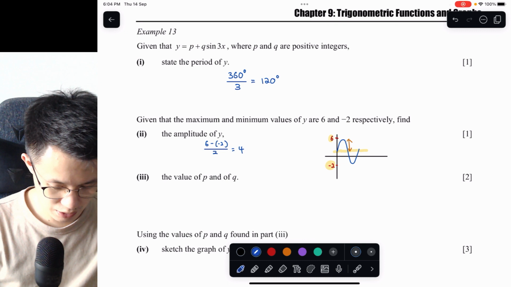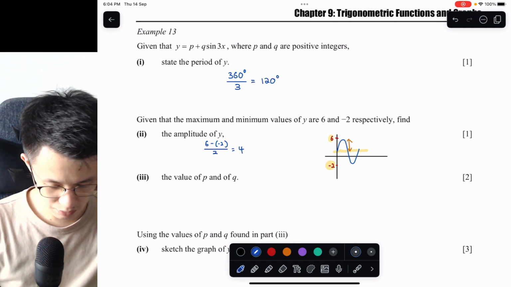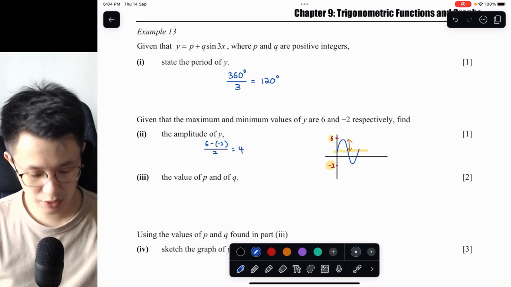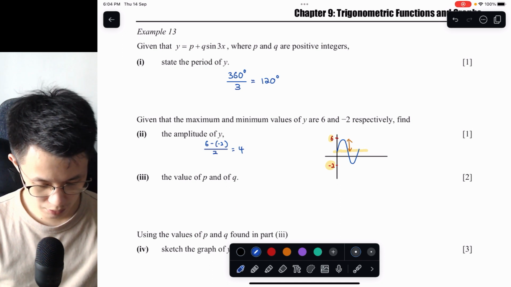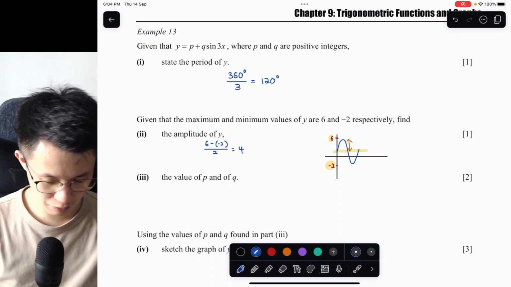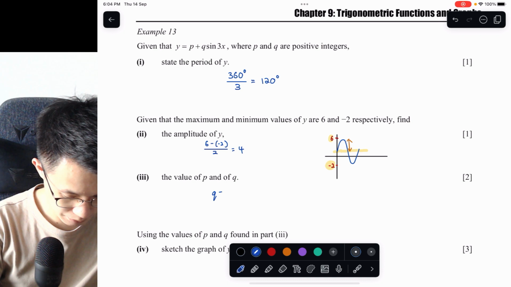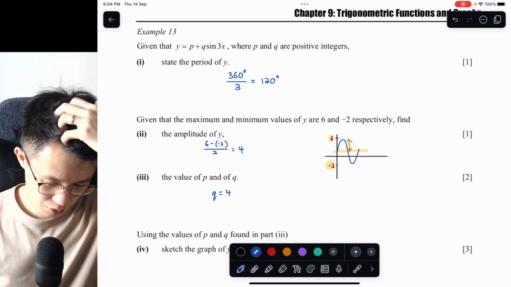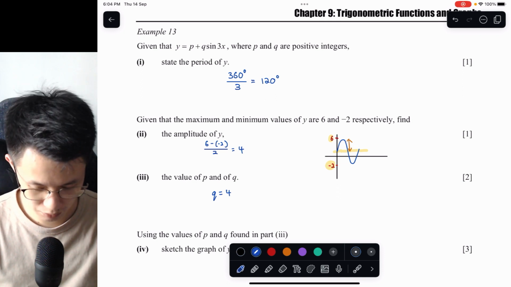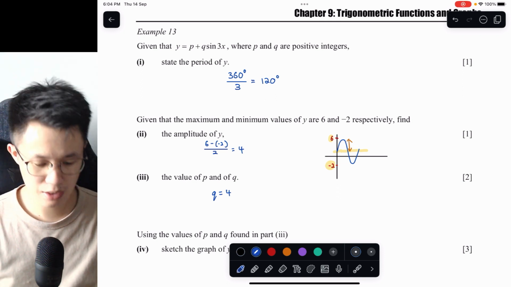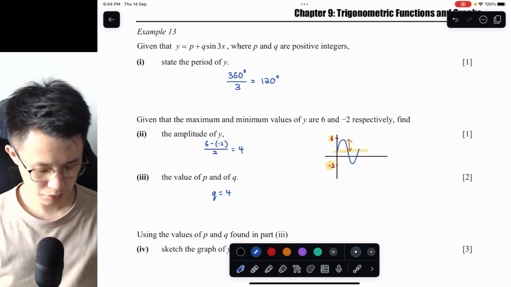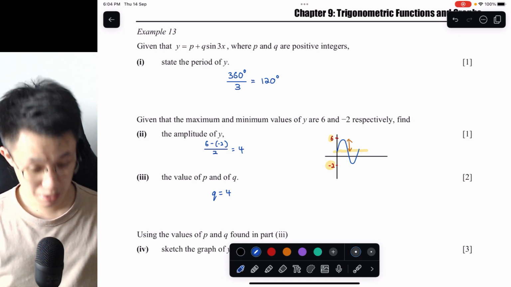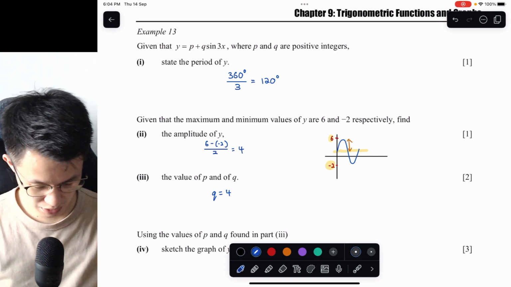So with that, can we actually find the values of p and q? Now remember all these things, right? The amplitude must be 4, so q must be 4, because you take 4 times sine 3x to get an amplitude of 4. Next, remember that you want to change the maximum and minimum value of this function.